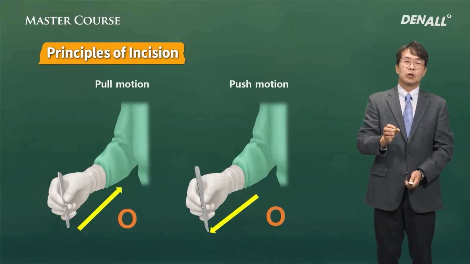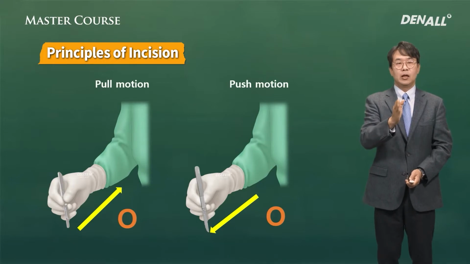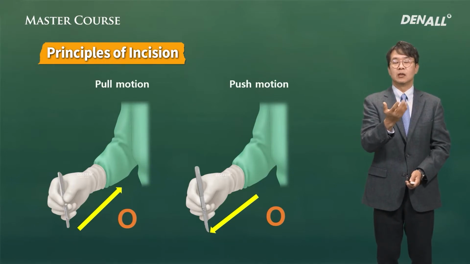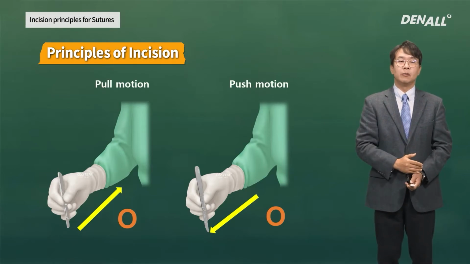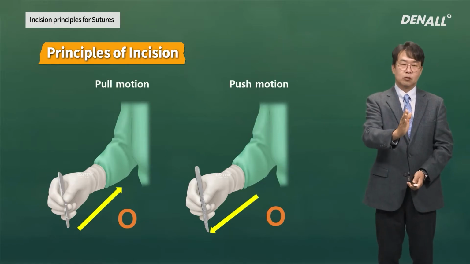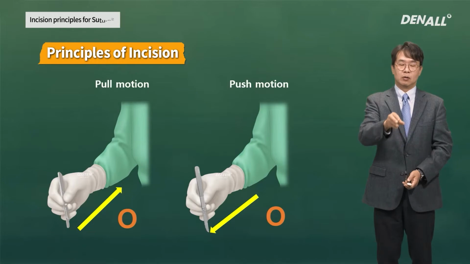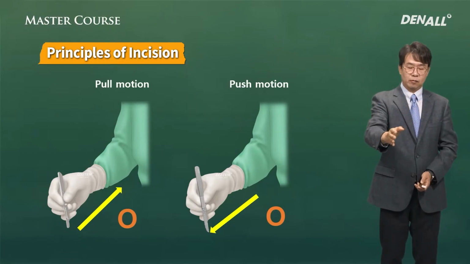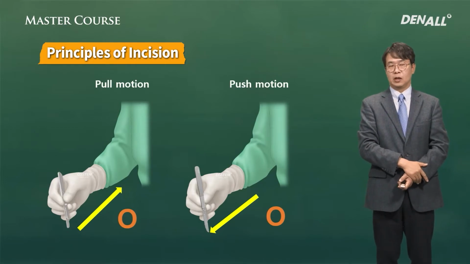Next, you can use pull motion or push motion. If you push, if you look at the blade direction, it's the opposite from what I said before. As long as the working end is used, you can pull or push. But usually, considering finger support or finger rest, pull action is a little bit favorable.